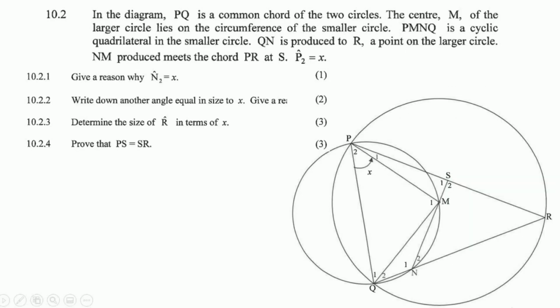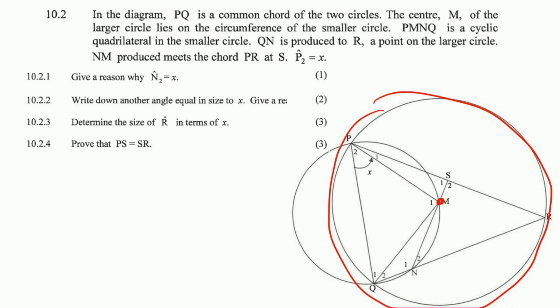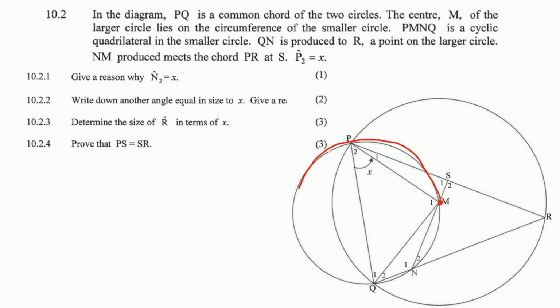In the diagram, PQ is a common chord. What they mean is that PQ is a line in both circles. The center M of the larger circle lies on the circumference of the smaller circle. So we can see that M is also on the smaller circle, but it's not the center of the smaller circle.